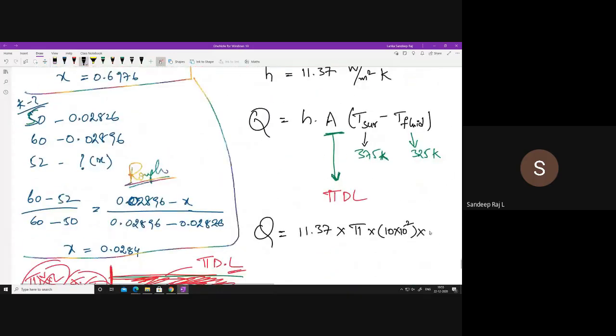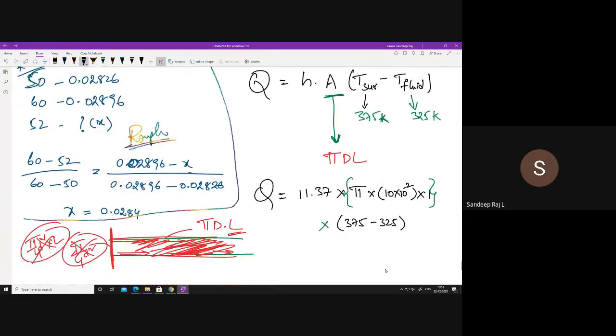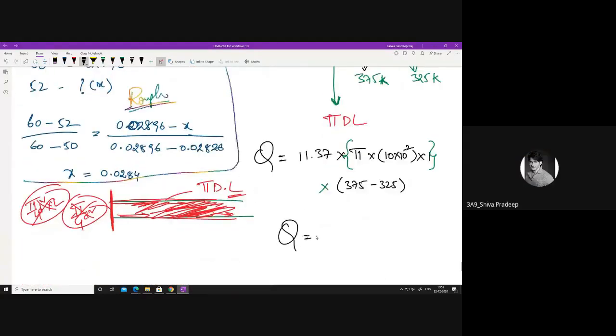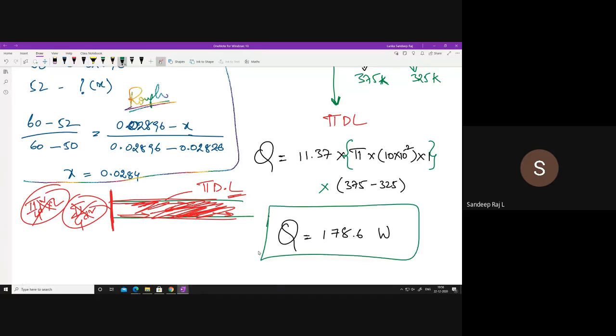All this is the area, into the delta T of 50. Tell me the Q value. It is 178.6 watts. So this is the right answer. The Q value is 178.6 watts. That's how we get the Q value.